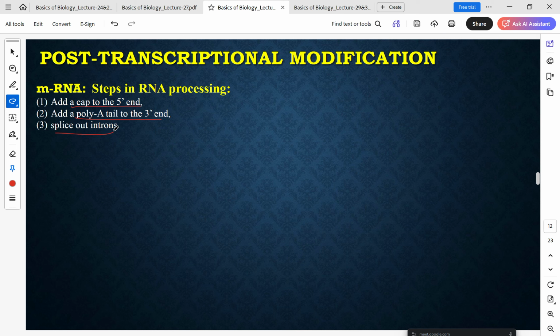Remember, the prokaryotic system does not have introns, so there is no reason for splicing in the prokaryotic system. Also, in case of prokaryotic system, all of the processes are happening in a coupled manner. So after the transcription, the molecule immediately goes for translation. So there is no need for it to have a stabilizer of any sort.